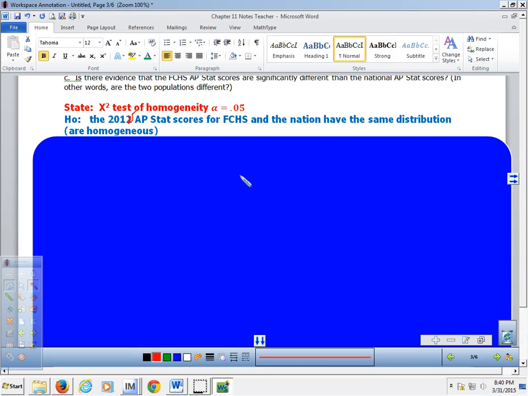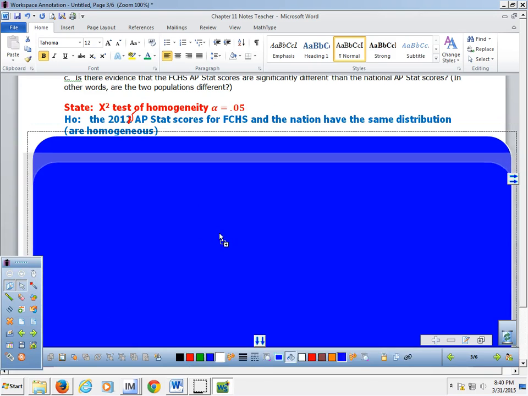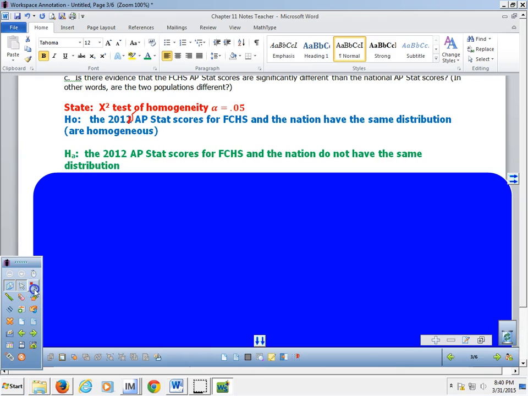Those two distributions are homogeneous. They're the same. That's our null hypothesis. What we're trying to find evidence for is that the 2015 AP Stat scores for FCHS and the nation do not have the same distribution. Again, it can be quite that simple as far as stating our hypotheses.